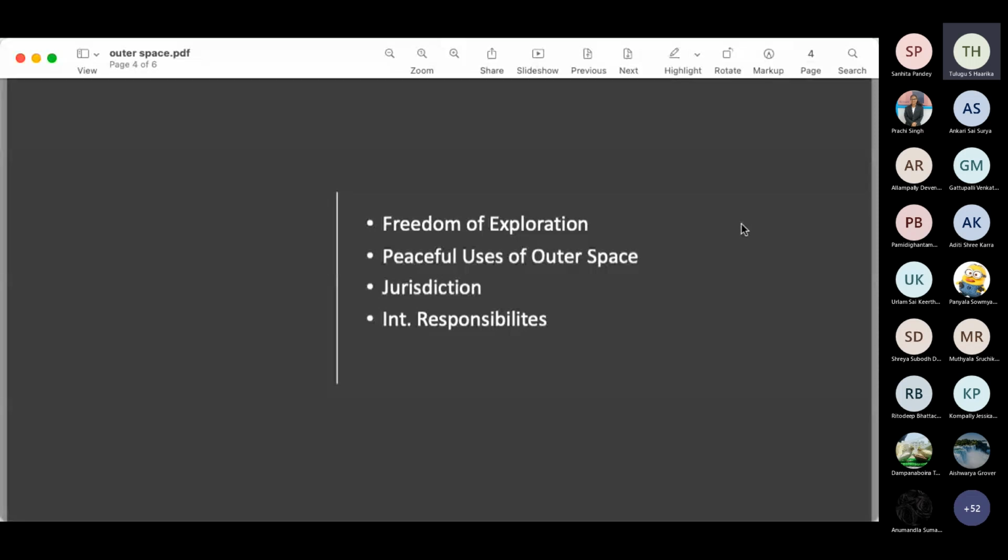And if there is any damage or obligation in relation to that particular satellite or celestial body that has harmed any other nation state, the country that sent that satellite will be solely responsible for any damage the satellite has done to any other nation state.